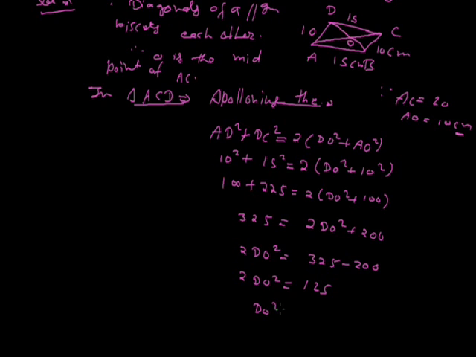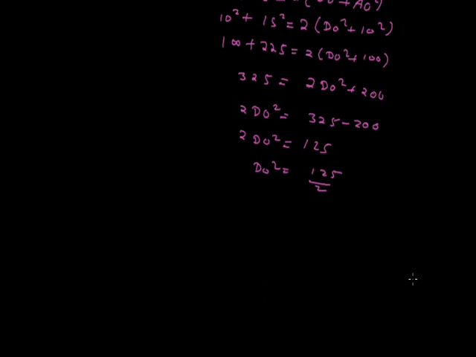The value of DO square is equal to 125 divided by 2. Because 125 is not divisible by 2, I am directly taking the square root of both sides to get the value of DO.